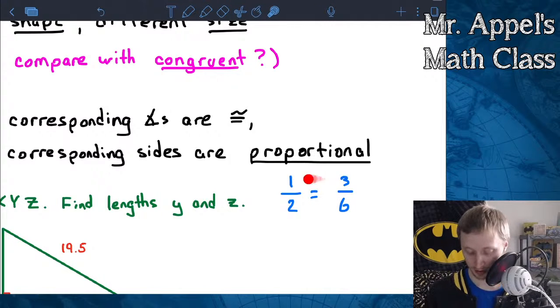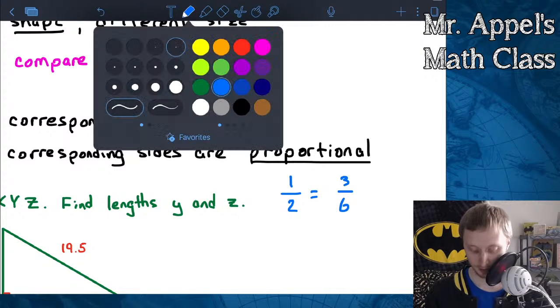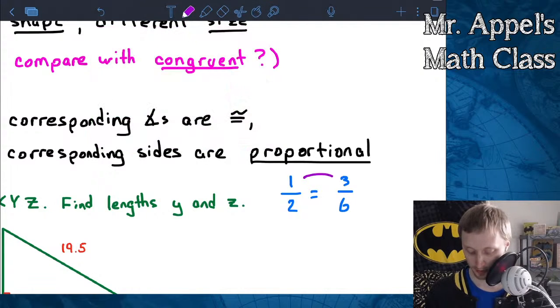Also, you can look horizontally across. The left side of the big triangle is 3 times as big as the left side of the small triangle, and the right side is 3 times as big as the right side of the small one. Okay? That should always be the case.